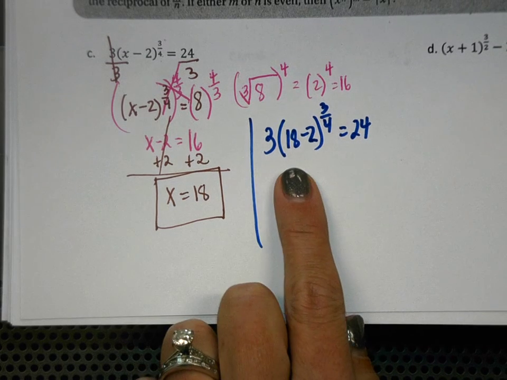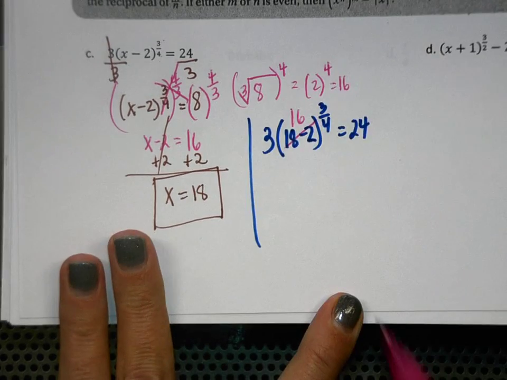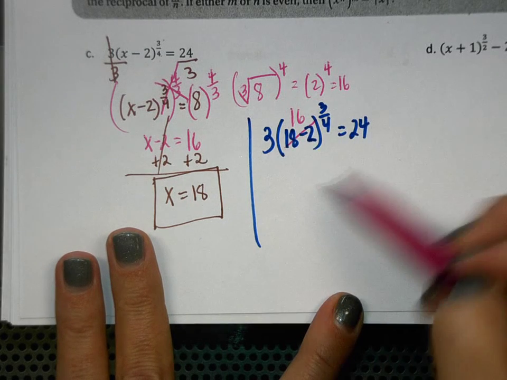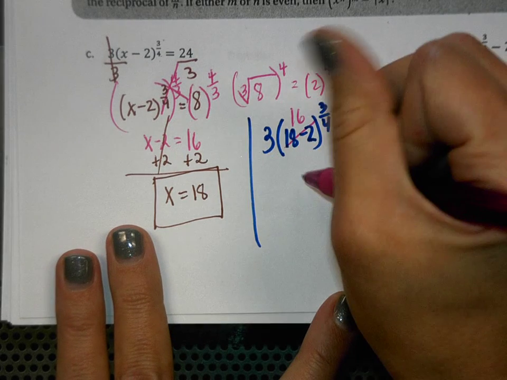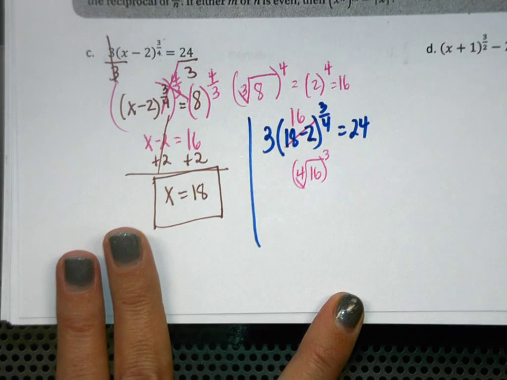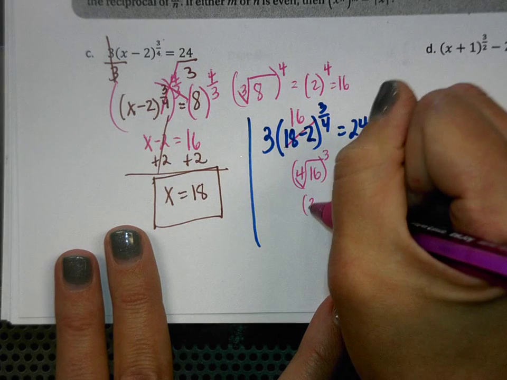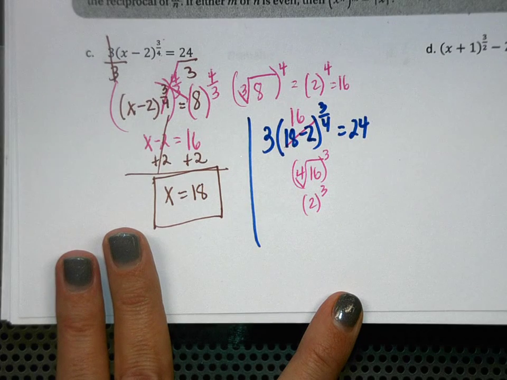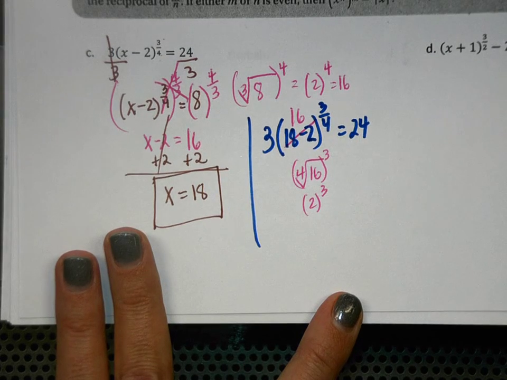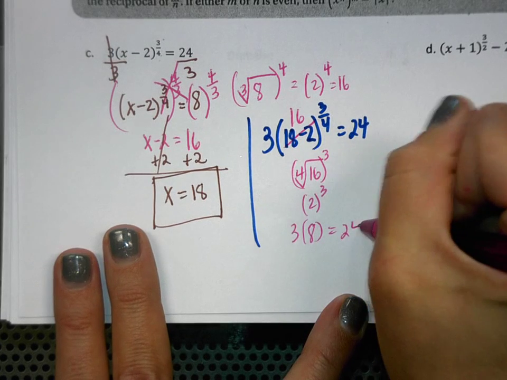So 18 minus 2 is 16. I'm going to simplify this. So we have the 4th root of 16 to the 3rd power. What's the 4th root of 16? 2. So I have 2 to the 3rd power, which is 8. And is 8 times 3 24? So it checks out.